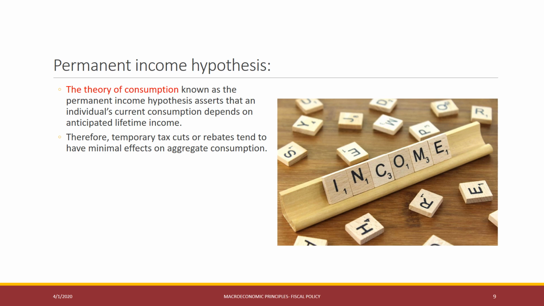So over your lifetime, how much money as income you are going to generate, that will actually determine how much you are going to consume as per this theory. So a temporary tax cut or rebate tends to have minimal effects on aggregate consumption. So what do you think? Which theory you liked? Do you like the Ricardian theorem or this permanent income hypothesis?